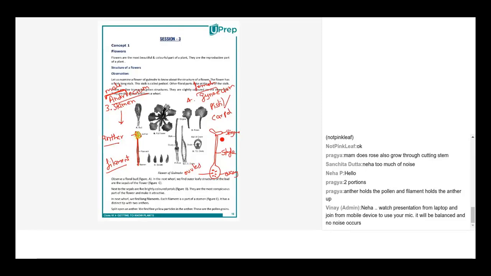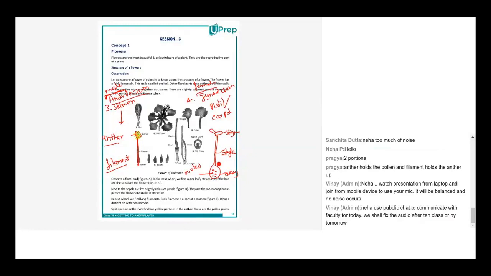So basically the gynoecium or the pistil can be divided into stigma, style and ovary, and inside the ovary there are ovules. Now when we talk about pollination, what happens is that from the anther all the pollen grains are transferred onto the tip of the stigma. So this is called pollination.